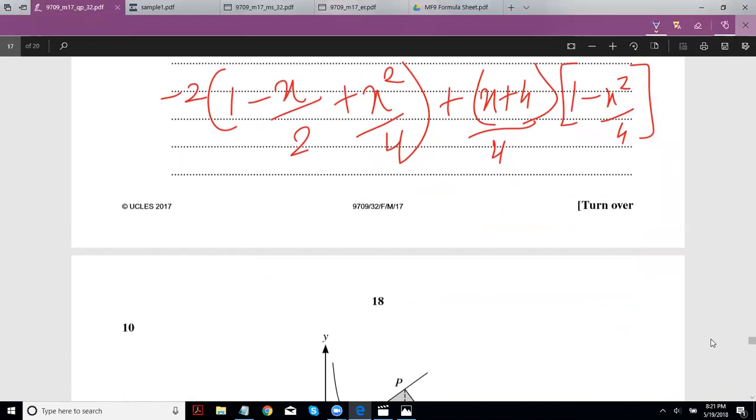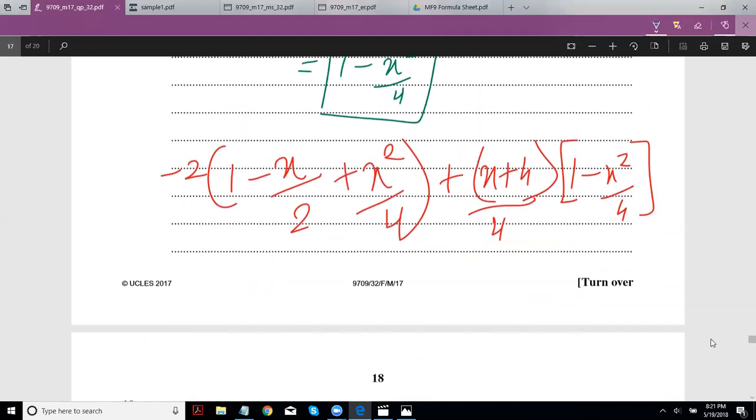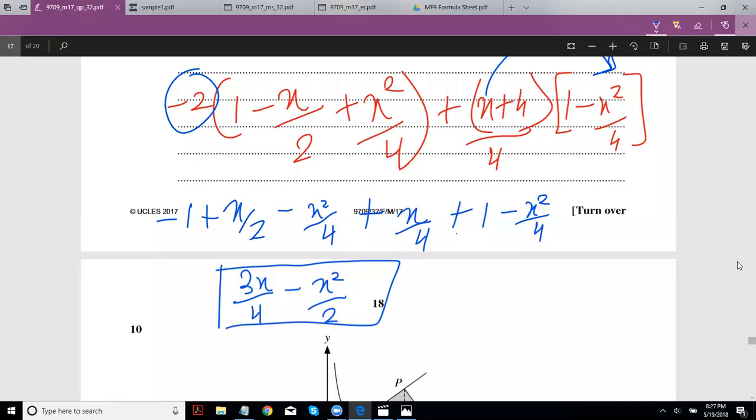Okay, and basically what you do now is you just simplify. The only thing to take care of is that when you multiply x with x squared, that will give you x cubed, which you can just ignore because you just have to give it in ascending powers of x up to x squared. So let me just do the simplification. All right, there you go.